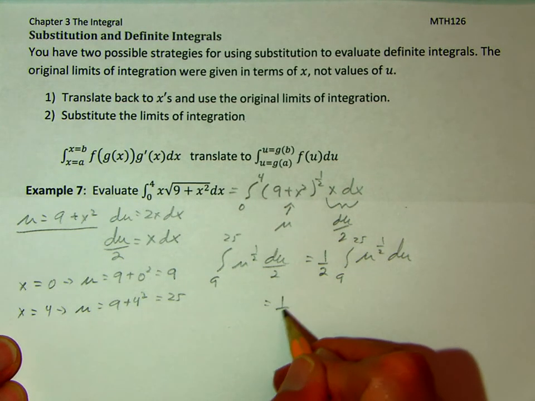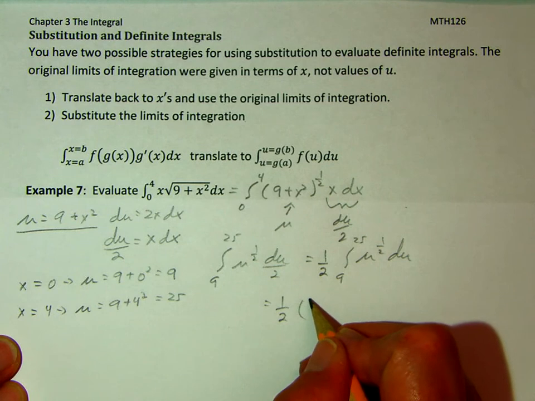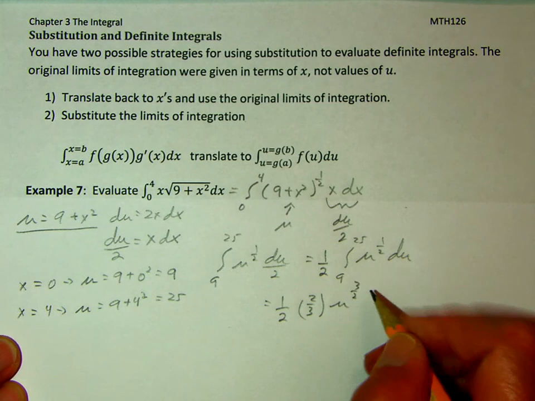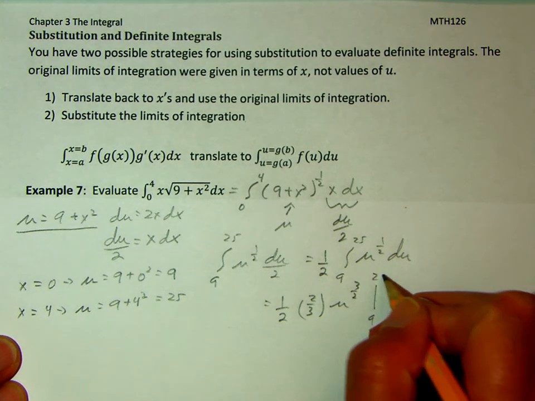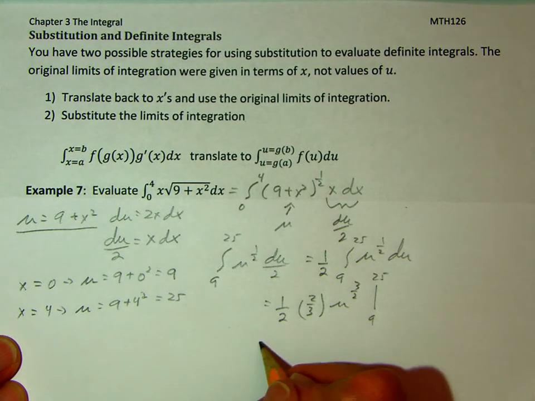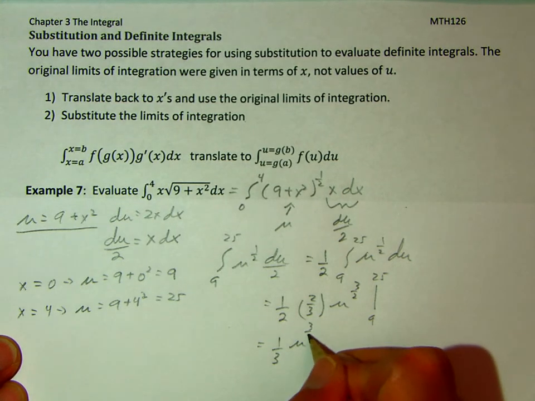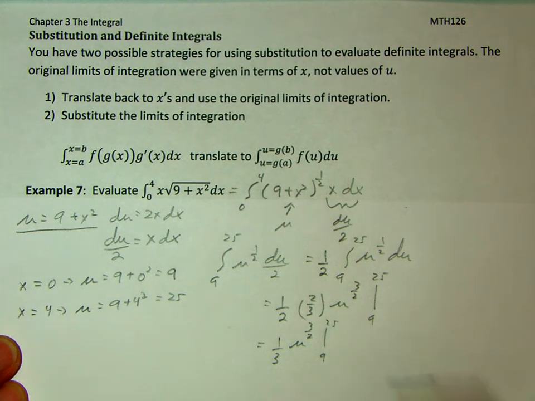So that would be 1/2 times 2/3 u to the 3/2 evaluated from 9 to 25. So that would be 1/3 u to the 3/2 evaluated from 9 to 25.